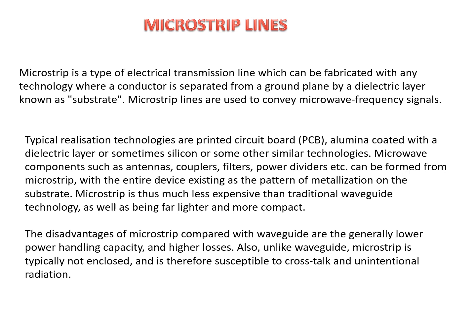Microstrip is thus much less expensive than traditional waveguide technology, as well as being far lighter and more compact. The major disadvantage of microstrip compared with waveguide is the generally lower power handling capacity and higher losses.